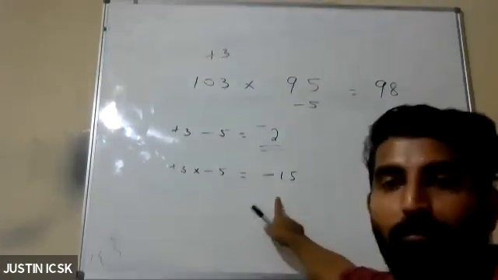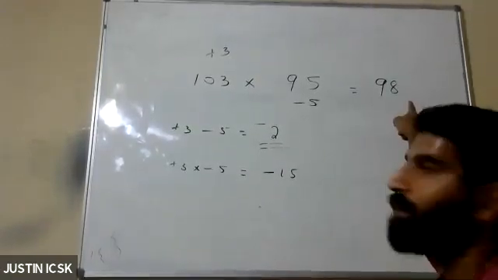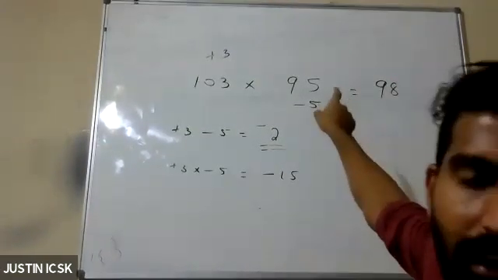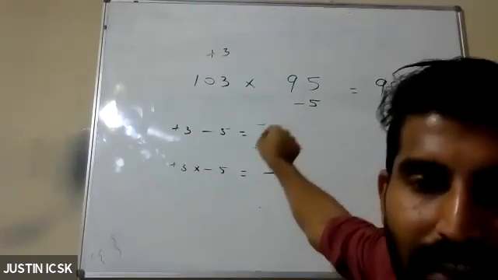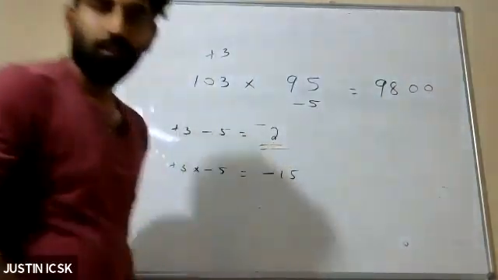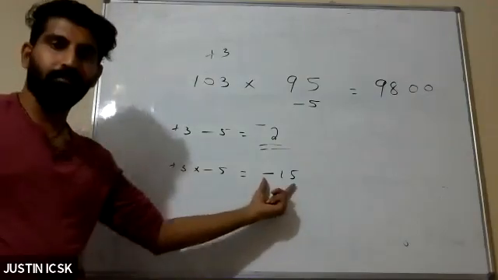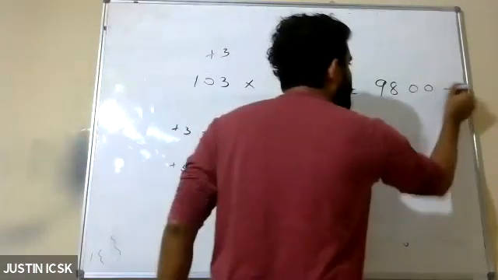Here only we are getting minus 15. So if it is a plus number, we will write it there directly. But here now you cannot write this method directly. What you have to do is one small step. Just put two zeros and minus this 15 from this.